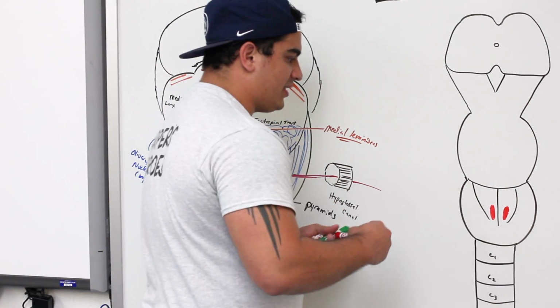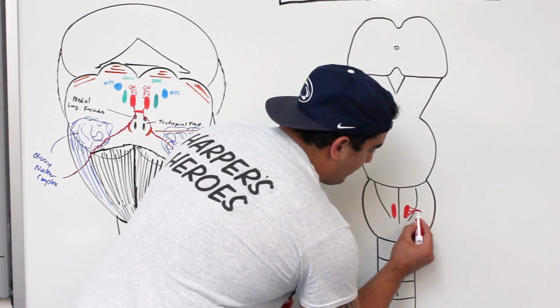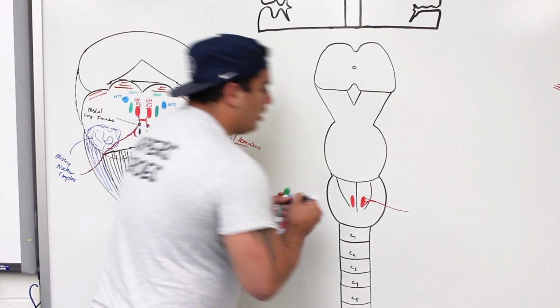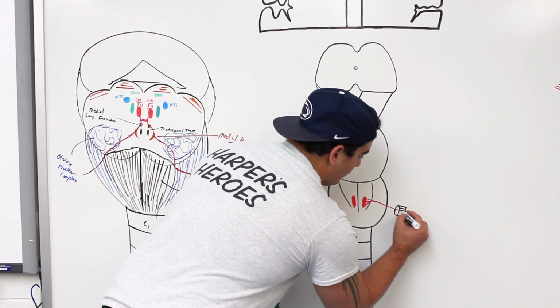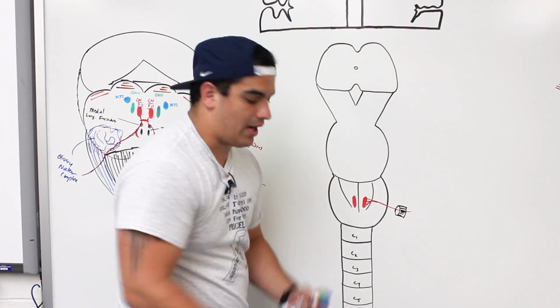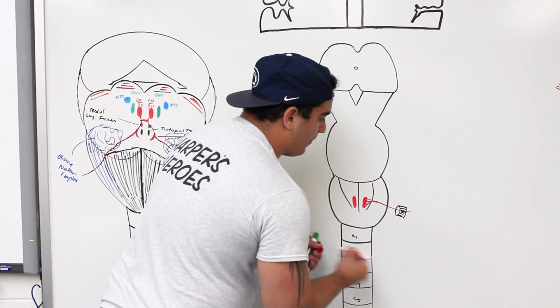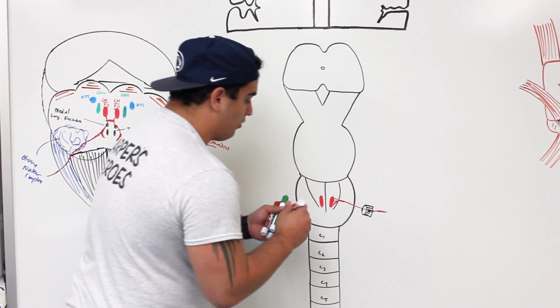Let's come back over here so we can see it a little bit in a more simplistic view, right? So it comes out here, right? And then where does it go? Passes through what hole in the skull? It passes through the hypoglossal canal. As it passes through that hypoglossal canal, it comes outwards, right? And it's going to be surrounded by a lot of other nerves in this vicinity, which comes out of what hole?